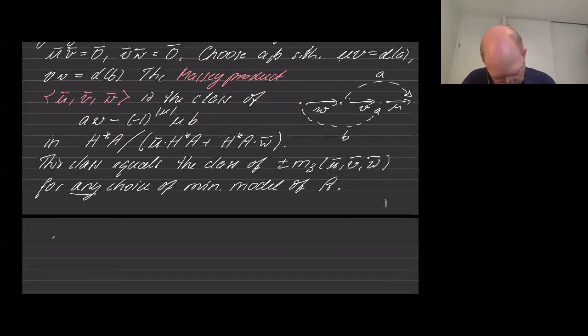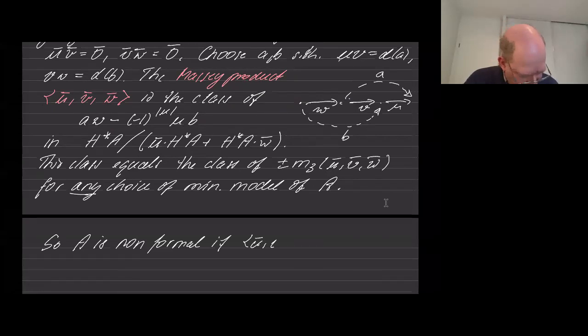So A is non-formal if this class is non-zero for some u bar, v bar, w bar, which have to satisfy the condition. Yes, it's not defined for all triples of classes. You have to have these vanishing conditions.